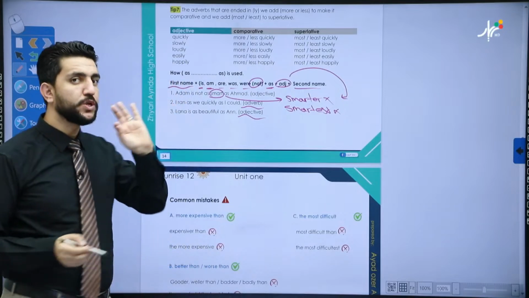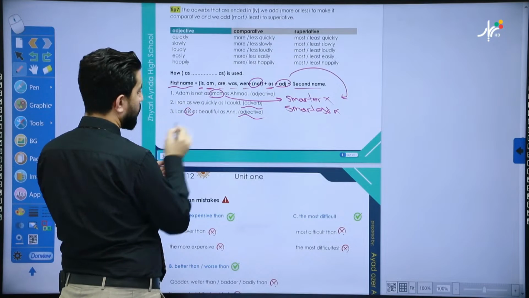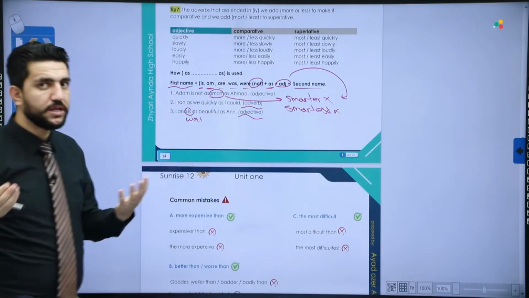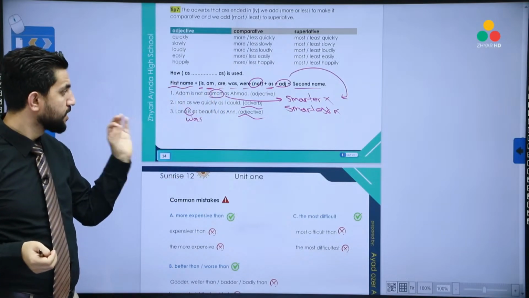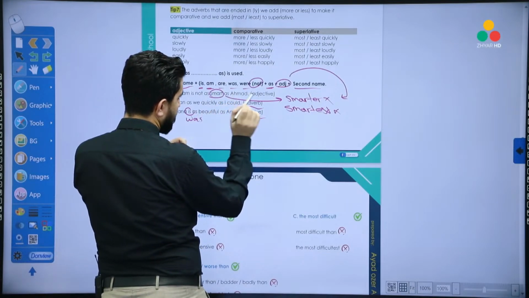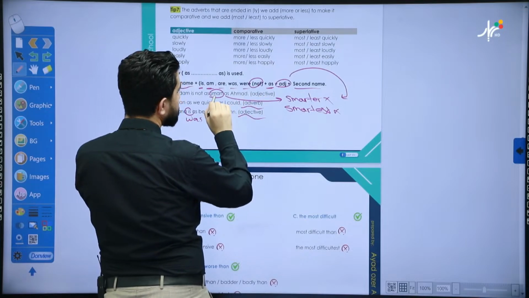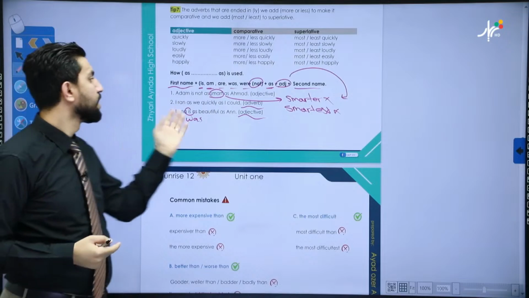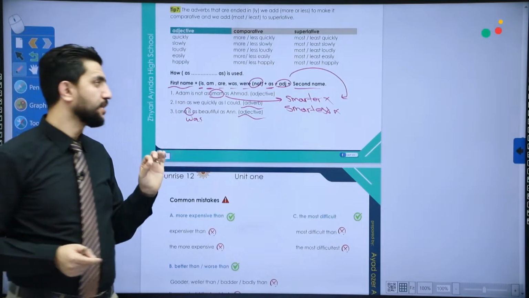So in this case, when we use the word as, it doesn't matter whether it is is, or was, or are, or am, or any verb be, we can use it like this. For example, when it comes to as, we don't say smarter, we don't say more quickly, we don't say more beautiful, we just use the adjective itself.